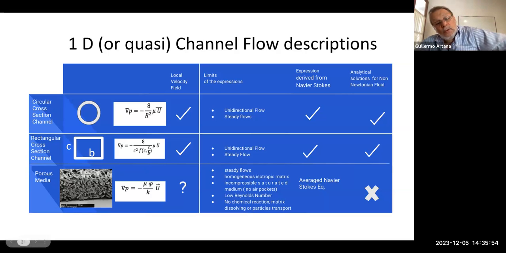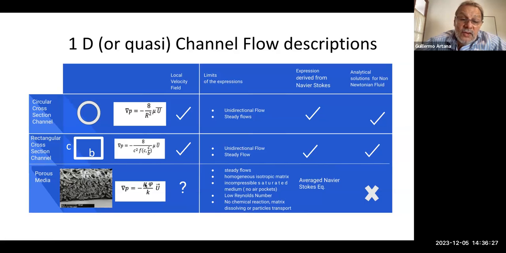And if you go to a porous media, this is a scan microphotography of the paper that is generally used in paper-based systems. You have here a relationship, the Darcy law, that relates the pressure gradient with the local velocity, or the velocity in the direction of the pressure gradients.